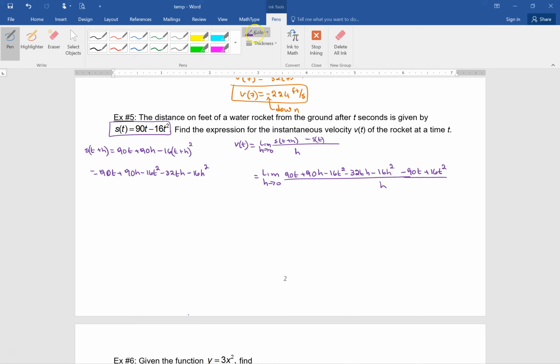And these are going to cancel. The 90t and the 16t squared will cancel. And can I cancel out h's? One from here, one from here, one from there, and one from there. So this is the limit as h approaches 0 of 90 minus 32t minus 16h.